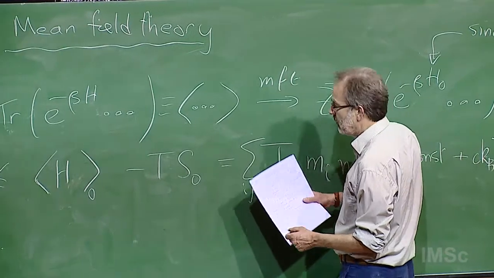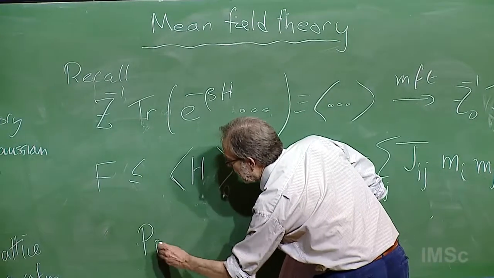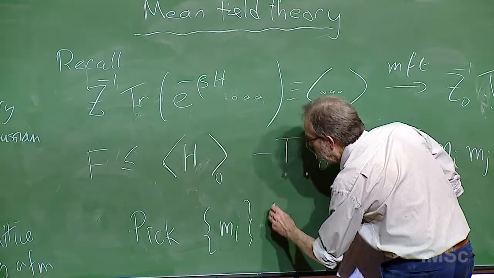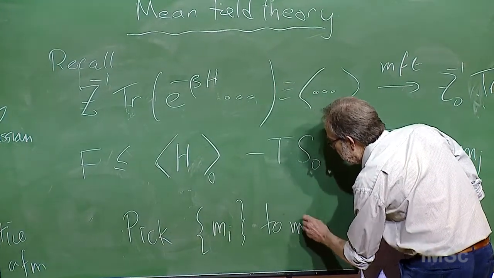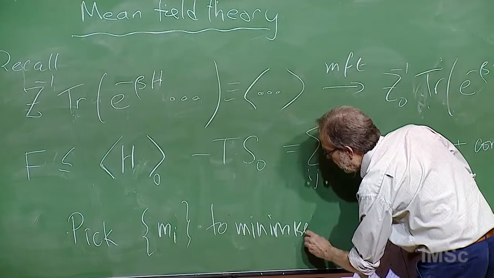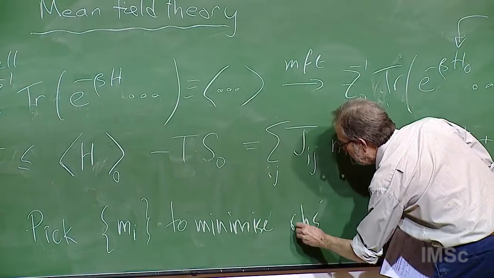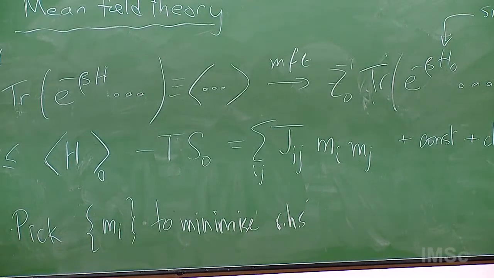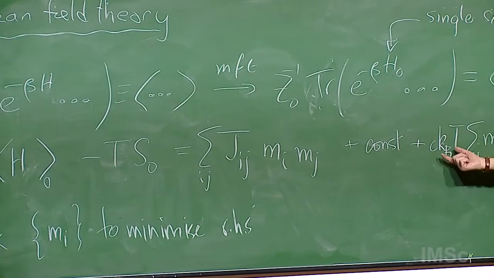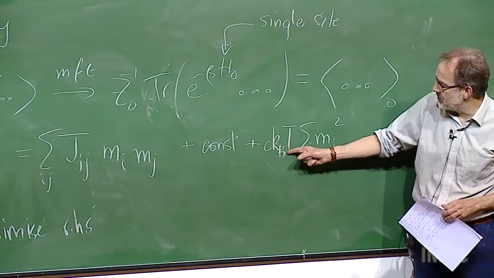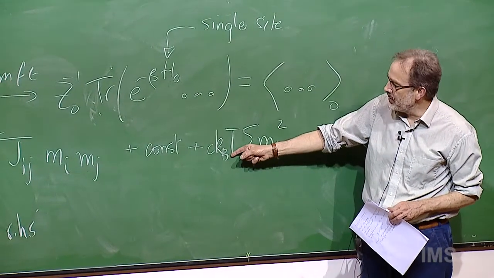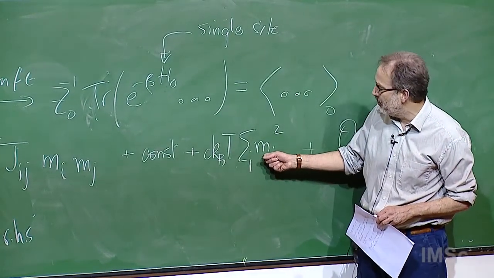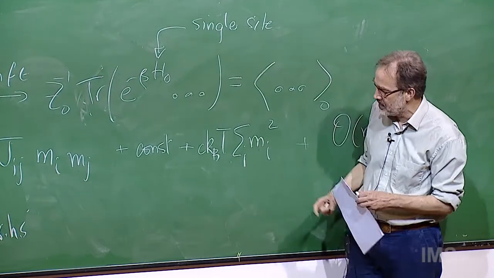So that final step is that we pick these m_i to minimize the right-hand side. And then two kinds of things can happen. If we're at high temperature, then this term, which has temperature as a coefficient, is going to be dominating, and the minimum for the free energy will be when all these magnetizations are zero.